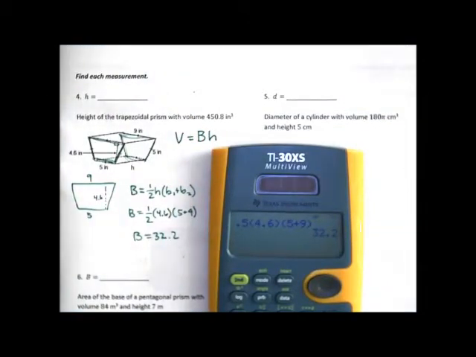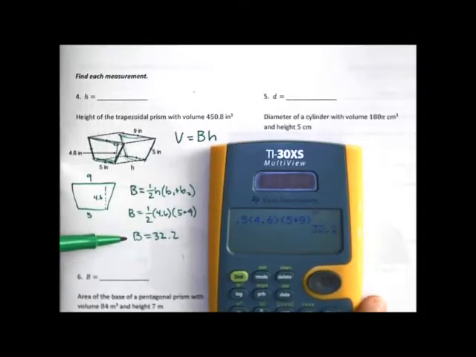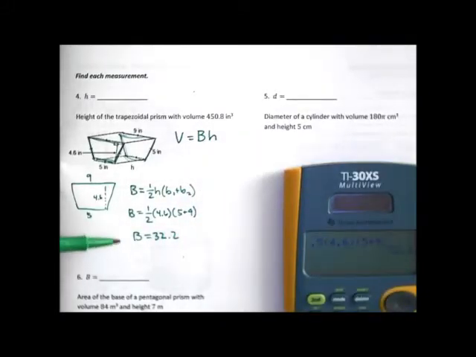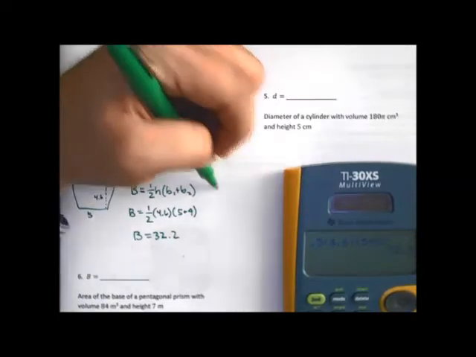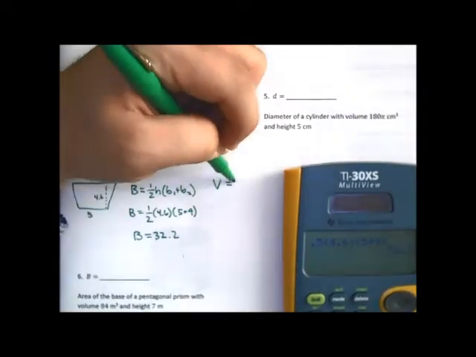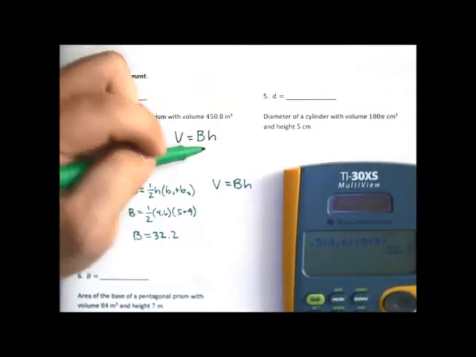Okay, now that is important because now I have enough information to solve for the height of the prism. The volume equals capital B times H. Sorry, I just rewrote that.